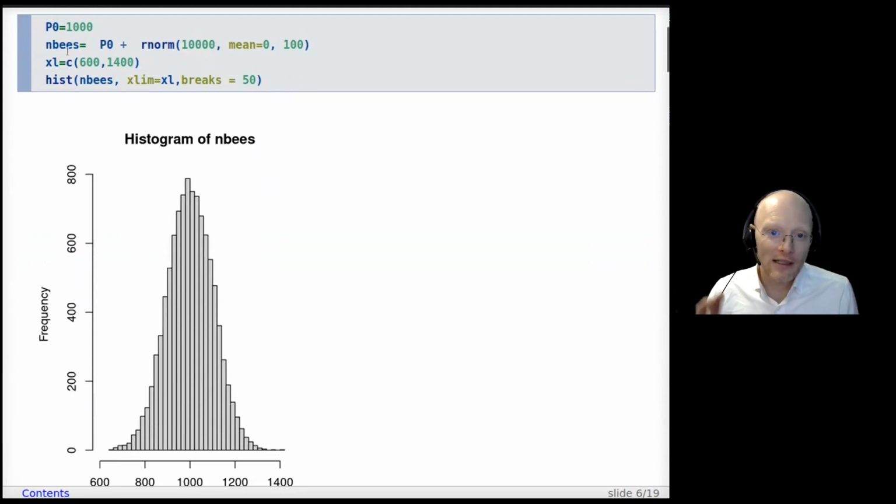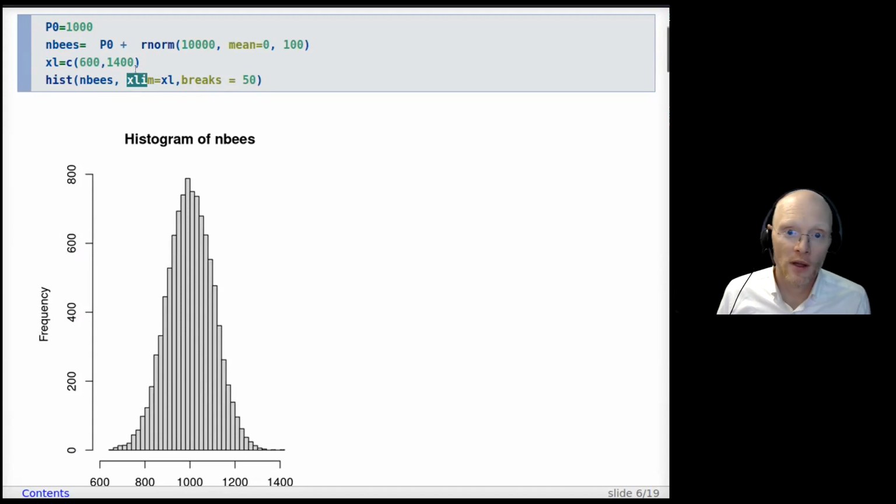By the way, this is a detail of language you can worry about later, but if you want to tell R that some variable, in this case XL, has a list of numbers as the value, you use this c for concatenate operator. So this just means store this list of two numbers, 600 and 1400, in a storage box called XL, and then here I'm using that XL to specify a parameter that modifies how this histogram plotting function works.